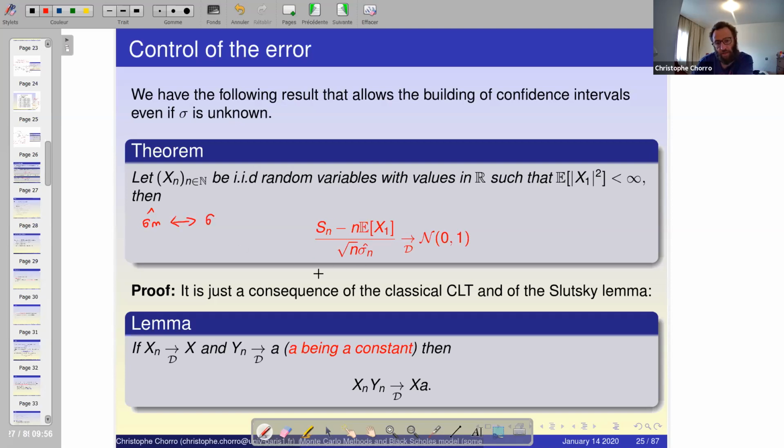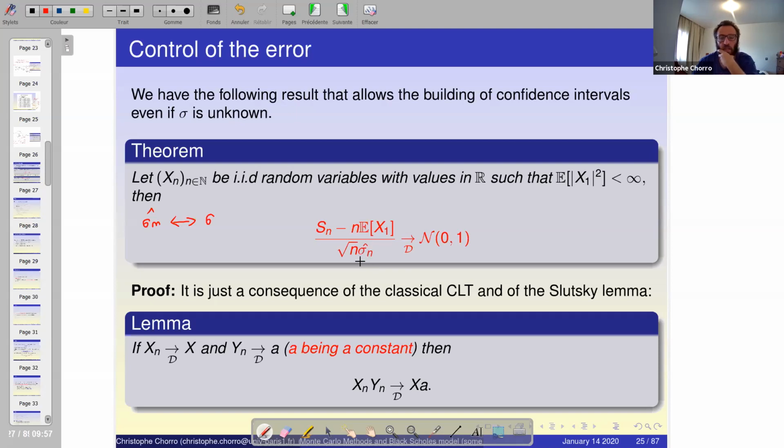In the classical central limit theorem, you have sigma here. Here I replace sigma by the square root of the corrected sample variance. We have proved in the previous slide that sigma n square is an unbiased estimator of sigma square that is convergent. And we can prove that we have the convergence of this quantity toward the N(0,1), as the one we have if we have sigma instead of sigma n hat here.